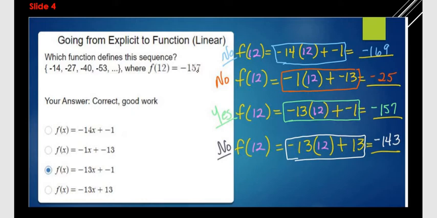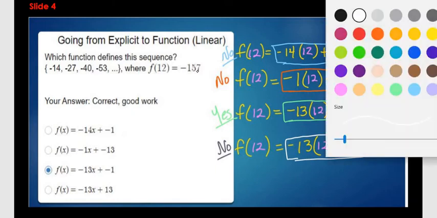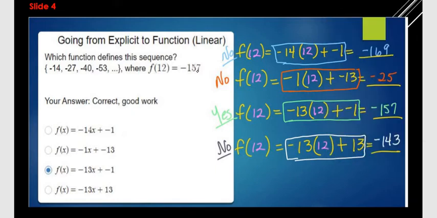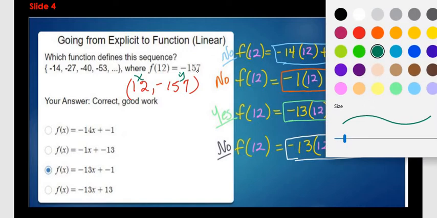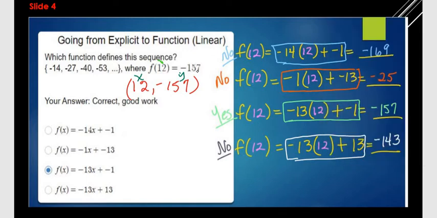So when I write this, you have 12 and a negative 157. This is written as an ordered pair. So when I look at this right here, this is my x and this is my y. So this is the same thing as when I'm looking at this. This is my x and this is my y.